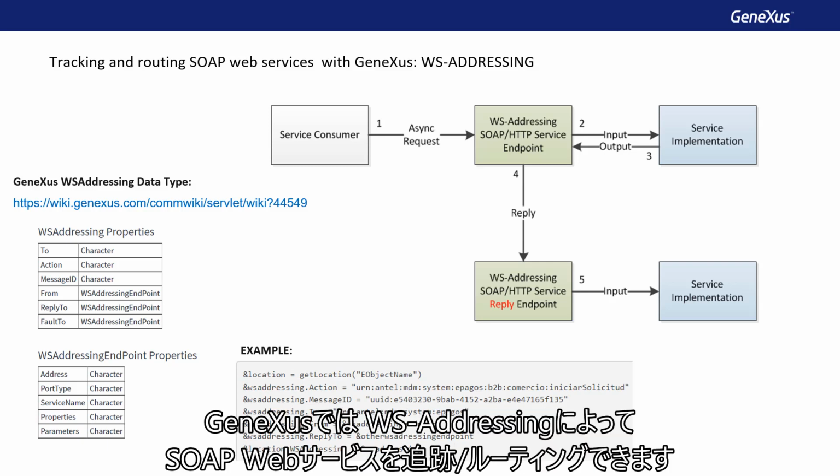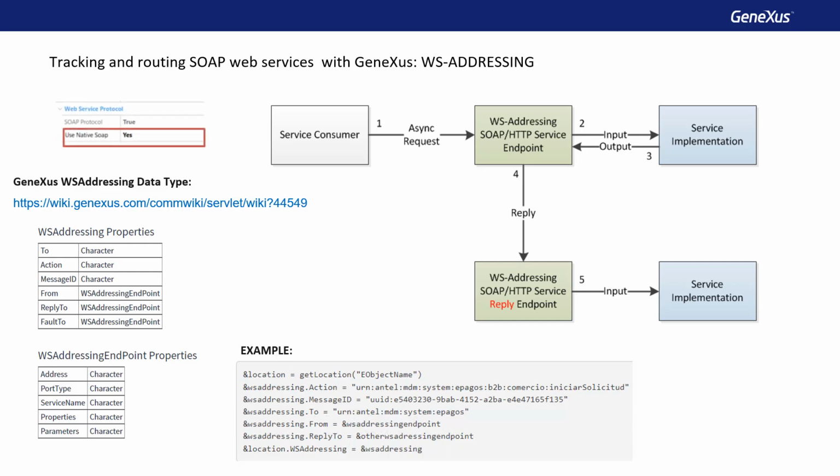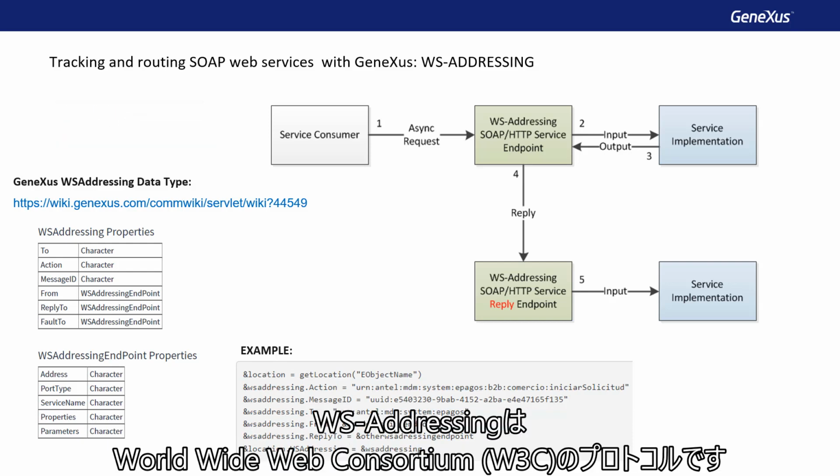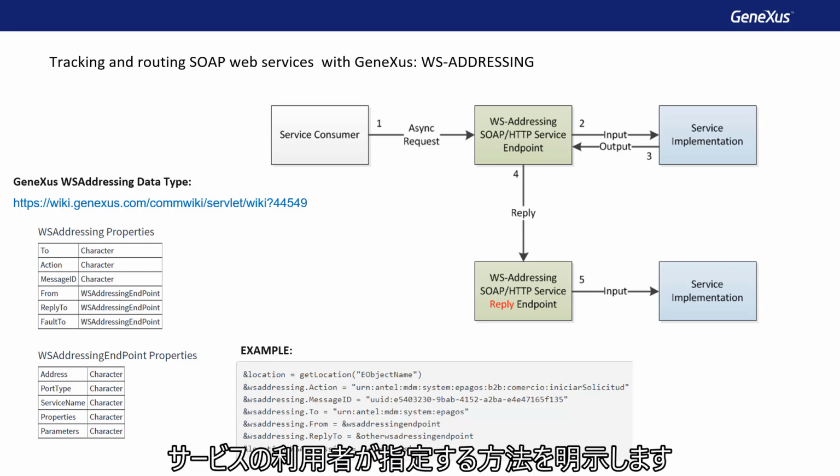GeneXus allows us to track and route SOAP web services via WS addressing, also enabling the Use Native SOAP property. WS addressing is a protocol of the World Wide Web Consortium, W3C, that specifies how a service consumer can indicate the endpoint to which the service should send its response, and or send SOAP failures in an invocation.